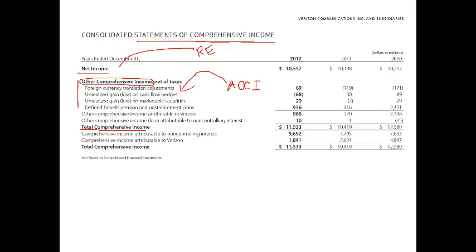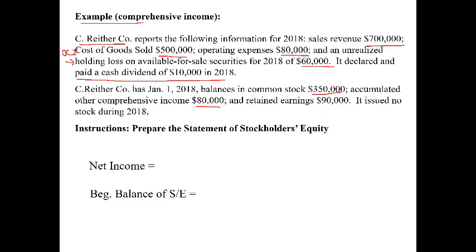So closing entries for net income dump it into retained earnings. You also have closing entries for other comprehensive income that dump it into accumulated OCI. In this case, accumulated OCI has a balance of $80,000 and retained earnings has a balance of $90,000.